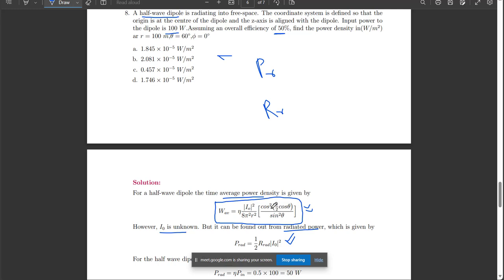It looks like a very heavy term, cos square of pi by 2 cos theta upon sine square theta, but it is not tough. It just looks heavy in terms of variables, but it is an easy question. I'm giving you 4 minutes. Solve it and tell me the correct option.